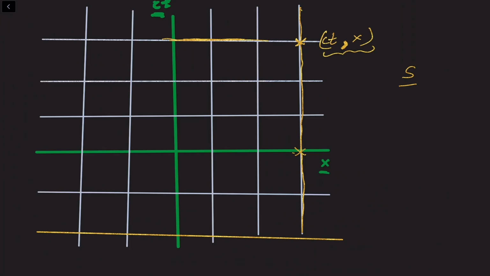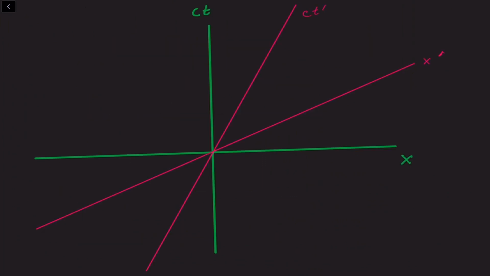Now let's see what this looks like for an observer in frame S prime. The first thing we have to do, on the same space-time diagram for frame S, is draw the axes of observer S prime.